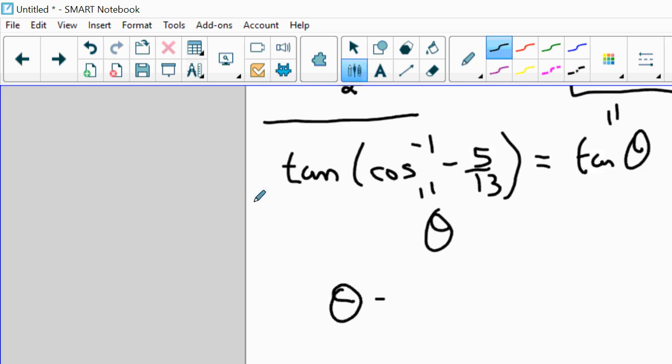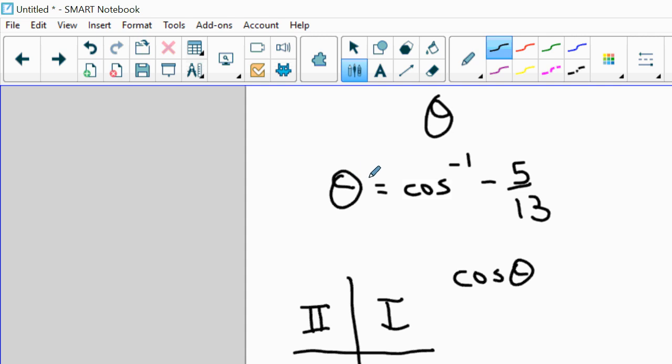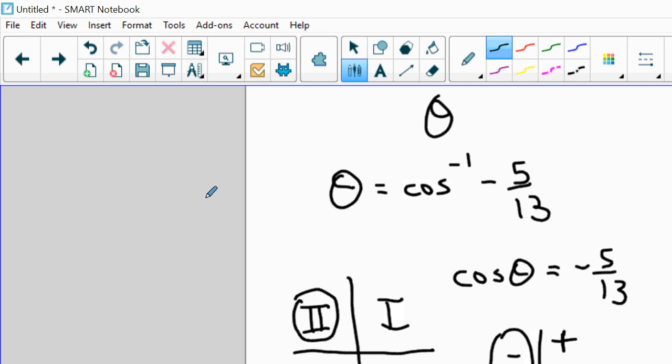We know theta is cosine inverse of negative 5/13. Now, you've got to be careful here. So, first of all, cosine inverse is in the first and the second. But then when you cosine both sides of theta, you got all students take calculus, cosine is negative in the second and the third. Therefore, theta is in the second.